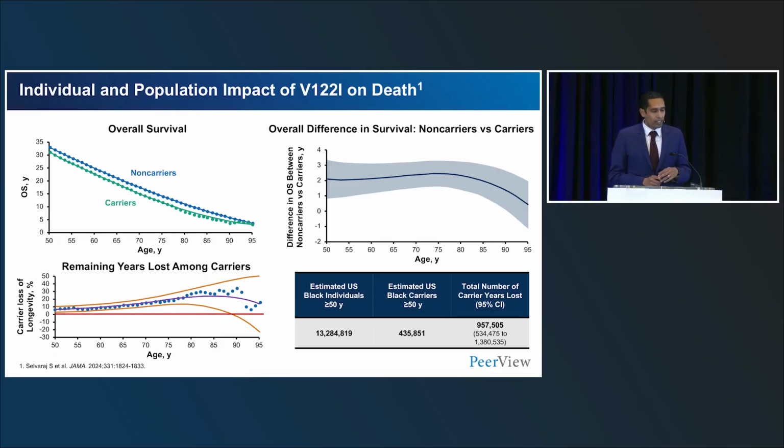Now if we look at the number of individuals who are estimated to be over the age of 50 in the United States and self-identified Black, that's about 13 million people, so older than the age at which people develop cardiac amyloidosis in general. There are about 500,000 carriers in the United States. And if we combine those two numbers, about 2 years of life loss with about 500,000 carriers, that's a million years of life lost in the United States in the contemporary living population. So a lot of life at risk here.